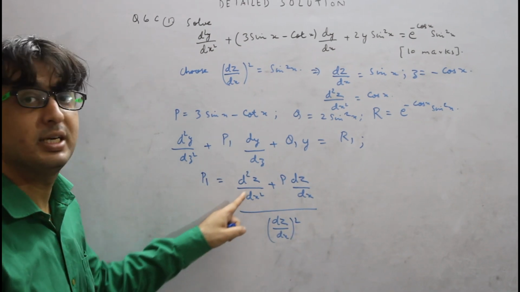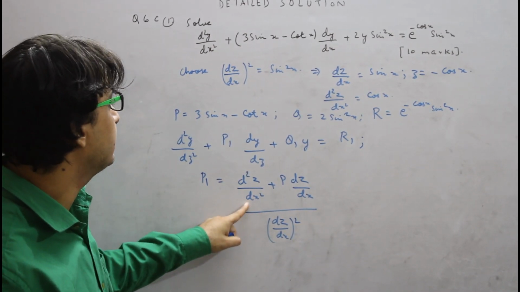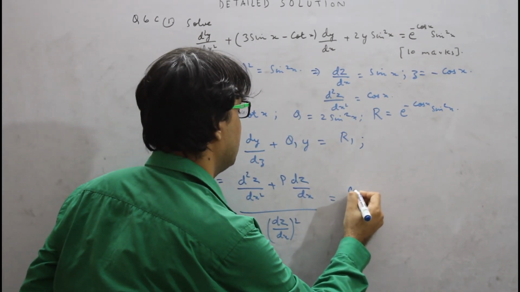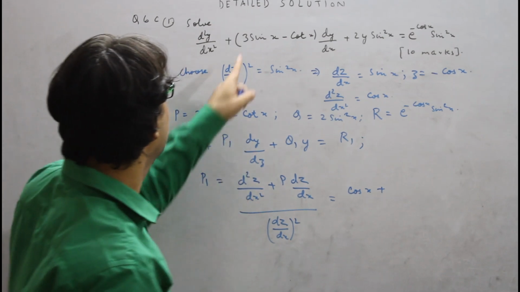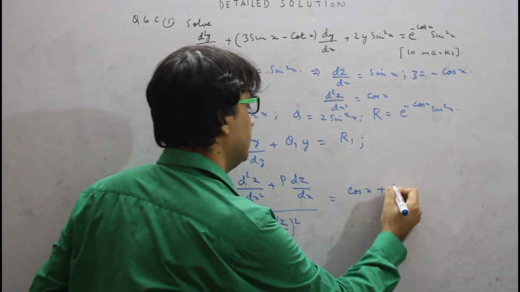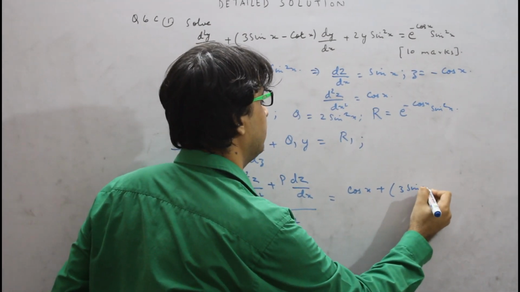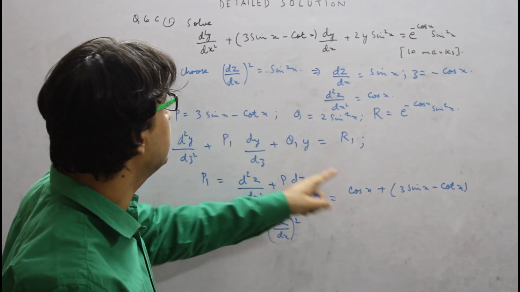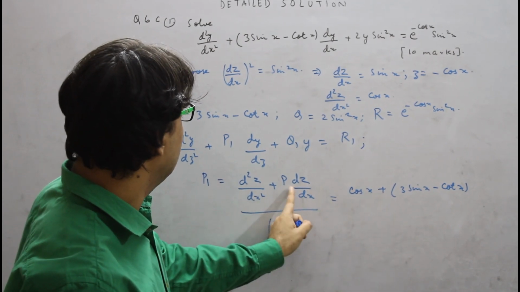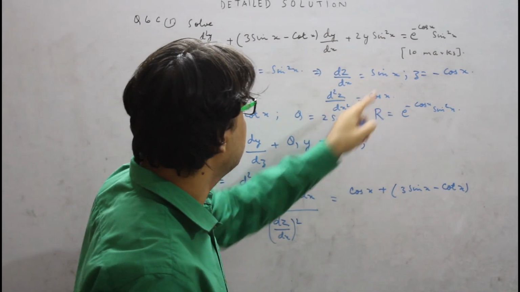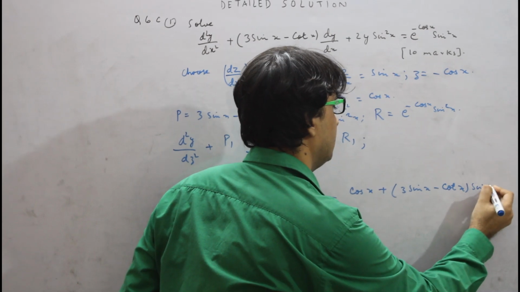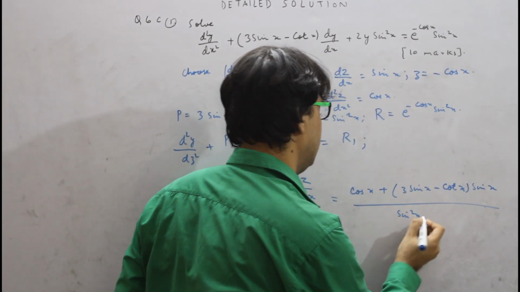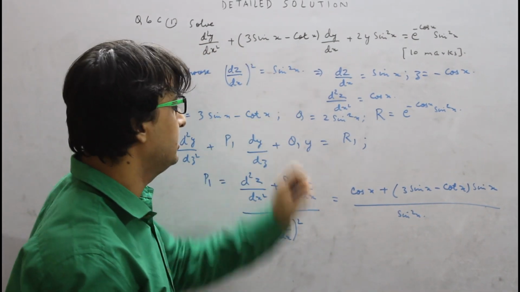So our d²z/dx² we can write from here, this is our cos x, and here we are having our P, that is 3 sin x − cot x, times dz/dx. So dz/dx is sin x, divided by sin²x, because its value is sin²x.